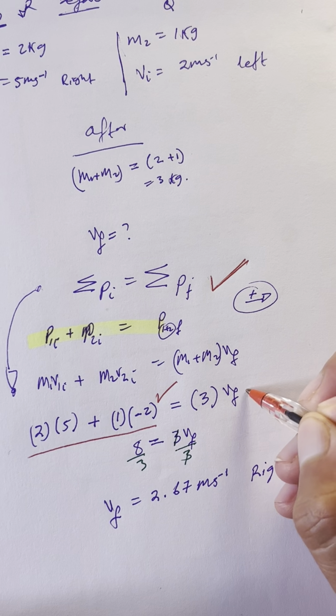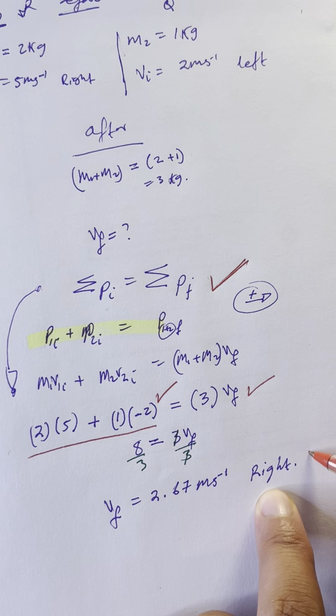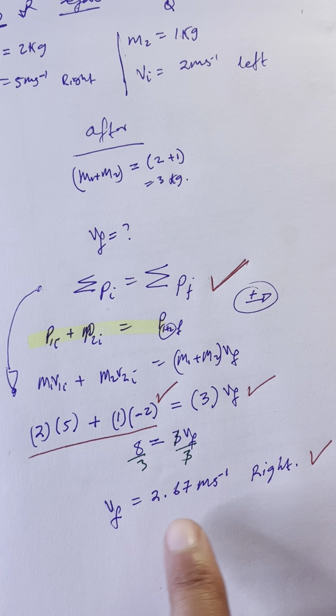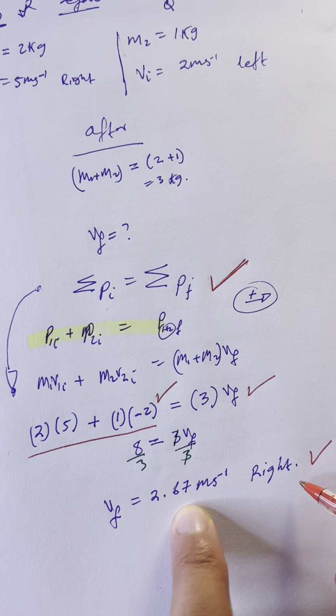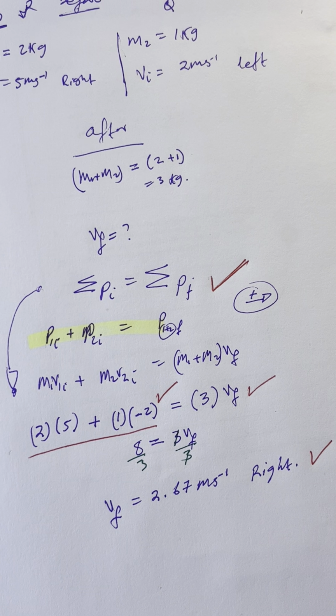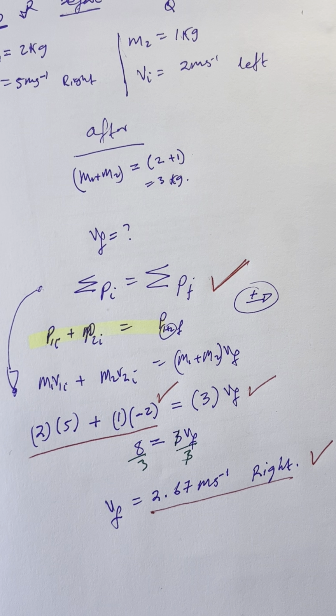Then everything on the right is another mark. Then you answer with units and the direction is a mark. Sometimes the answer and units is a mark alone and then the direction is a mark alone. But in this case, let's just give it all 1 mark. You get 4 marks.